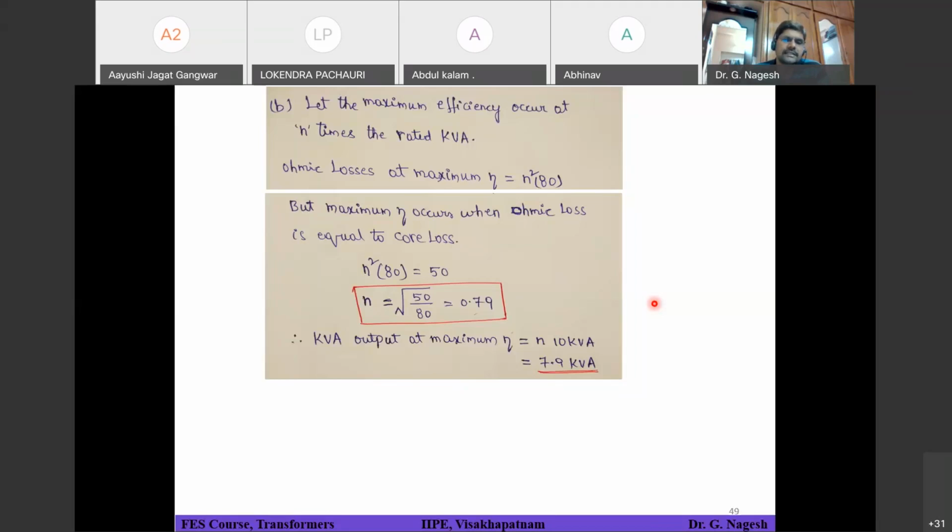Now we have seen the condition for maximum efficiency, which is 0.79. That means when your load current is equal to 0.79 into full load current, at that point you are going to get maximum efficiency. So previously it was 1/4, in another case it was 1/2, and now it is 0.79. You're understanding, right? So at that point, 0.79 of your full load current, they are asking us to calculate the efficiency.